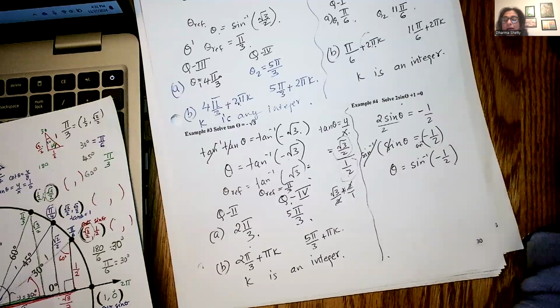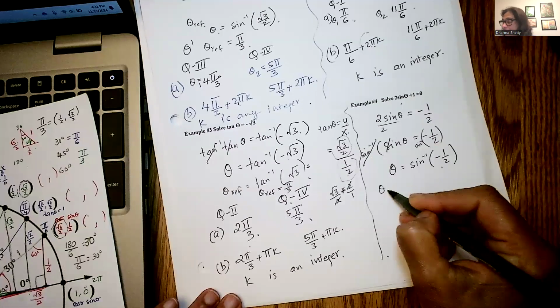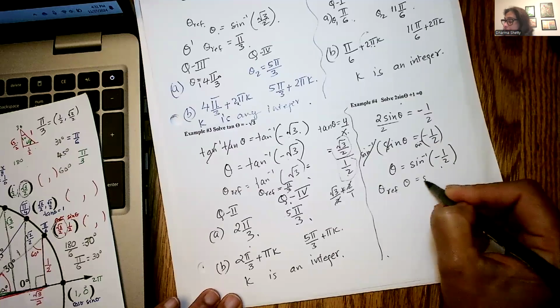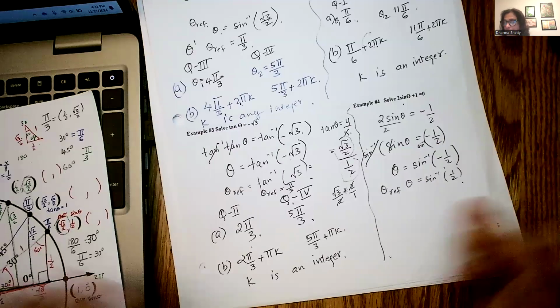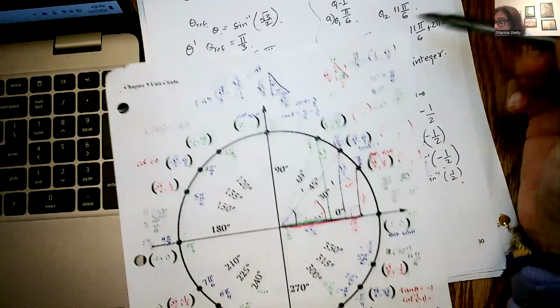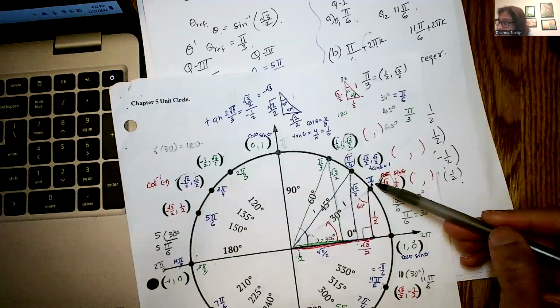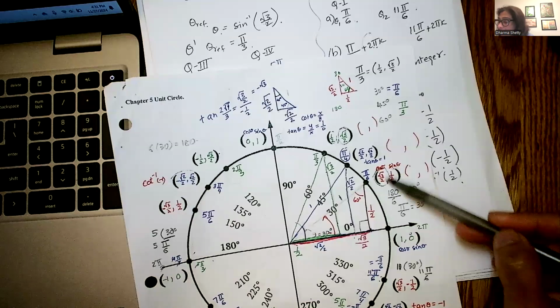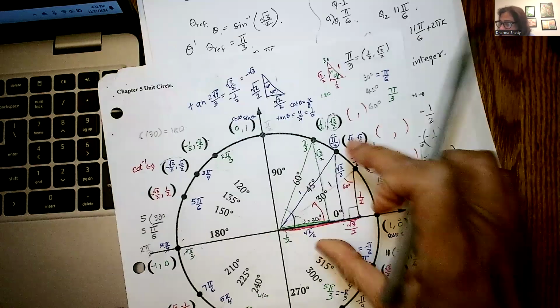So I need to find my theta reference. I'm going to look at the angle where sine is positive 1/2. Here sine, which is the y value, is positive 1/2. Okay, so this is my reference, pi 6.